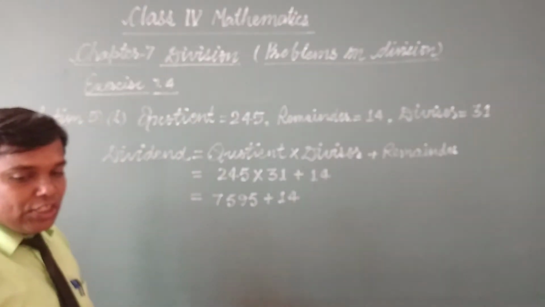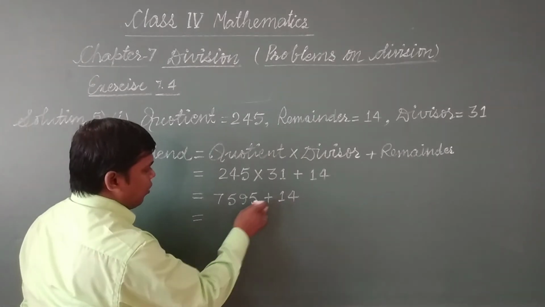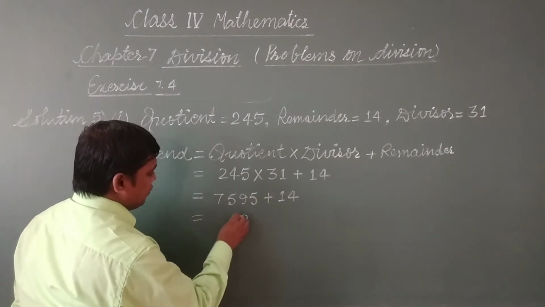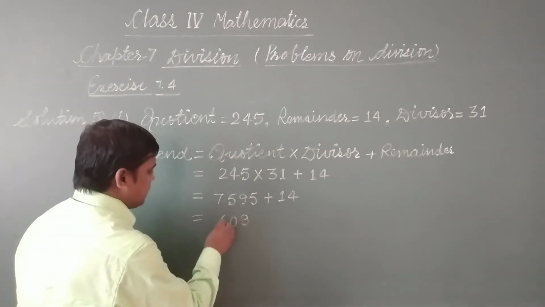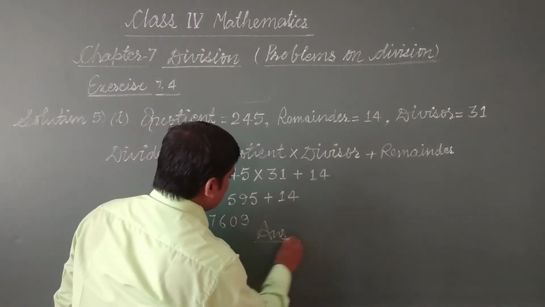And then you will add 14 to it. So 4 plus 5, 9. 9 plus 1, 10, carry 1, 5 plus 1, 6, and here 7. This is the required dividend answer.